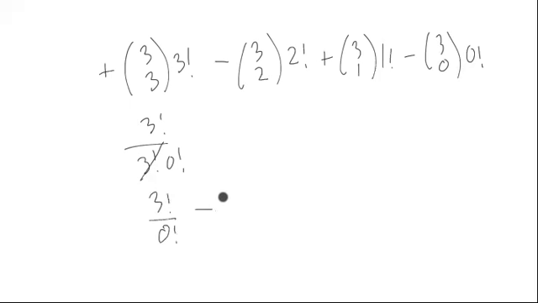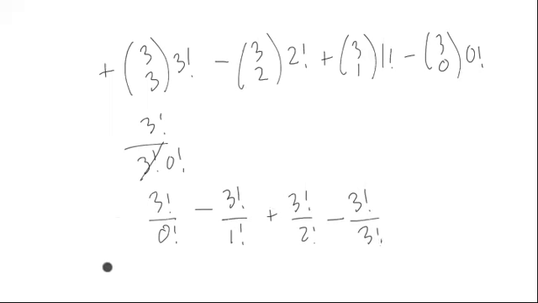Similarly, we would get something like this. 3 factorial over 1 factorial plus 3 factorial over 2 factorial minus 3 factorial over 3 factorial in the following way.